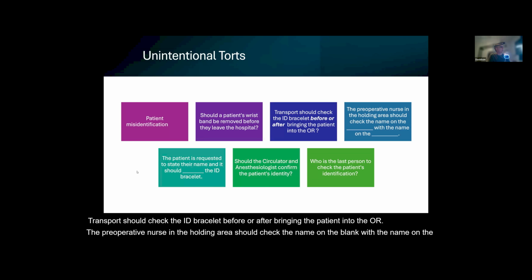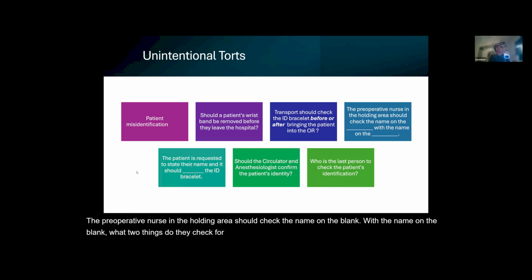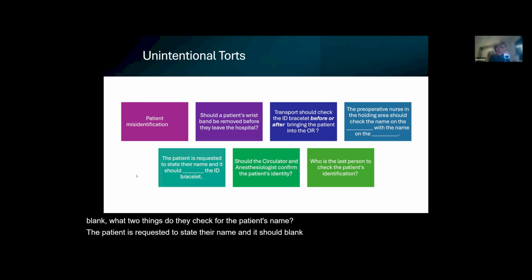What two things do they check for the patient's name? The patient is requested to state their name and it should what the ID bracelet? Should the circulator and anesthesiologist confirm the patient's identity? Who is the last person to check the patient's identification?